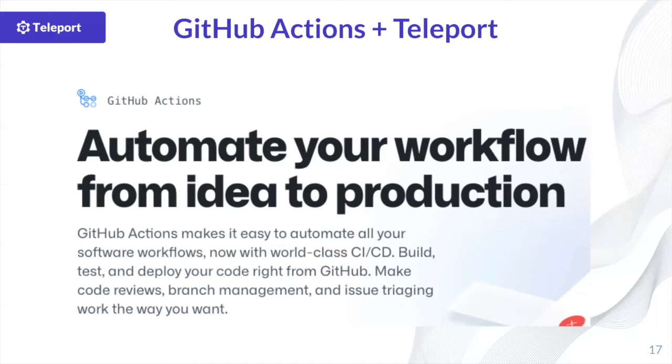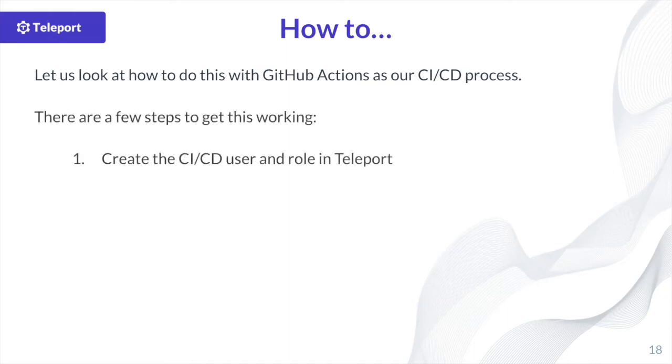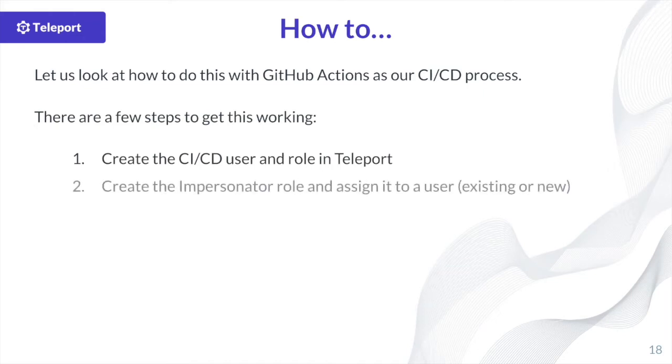I'm not running integration tests, but hopefully this just proves to get the idea, the picture behind what we're doing with Teleport. So let's look at how we do this with GitHub Actions. First of all, a couple of steps that we're going to do. We're going to create that CI/CD user role within Teleport itself, and I'll show some examples of how that's done.